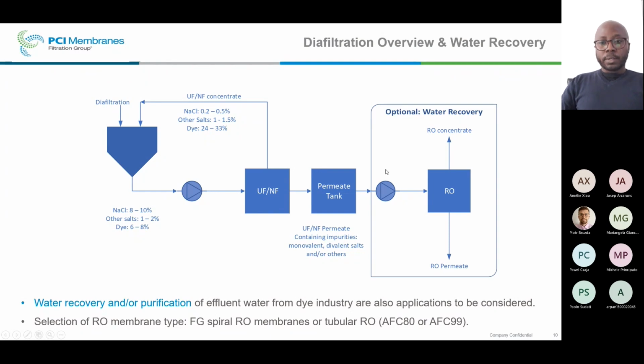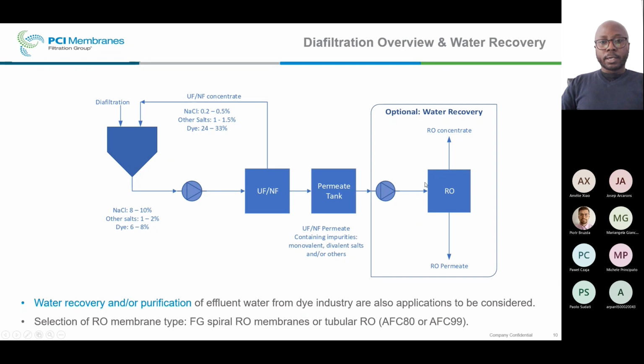The selection of either tubular or spiral could depend on a number of factors, which could be in relation to the solid contents, the nature of the dye, and many other factors.